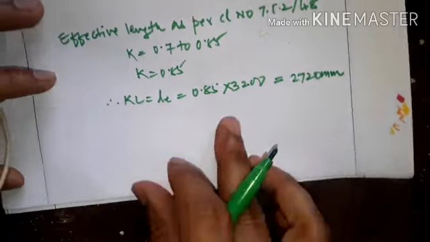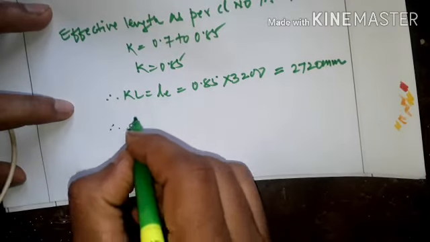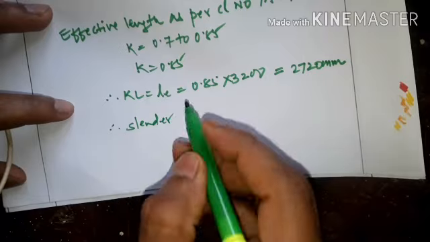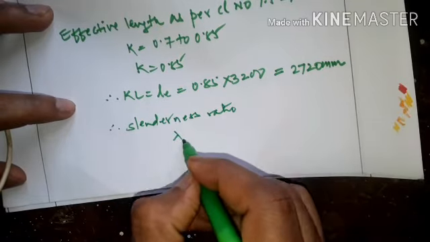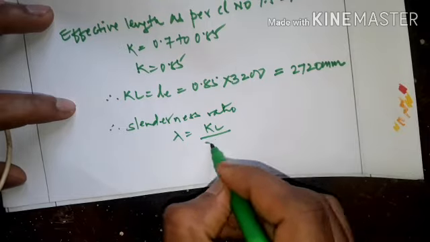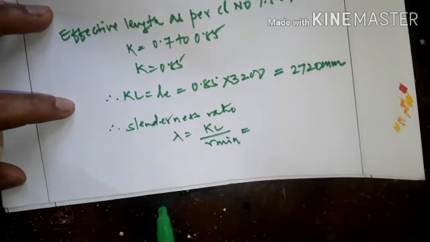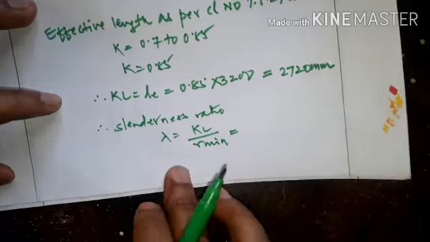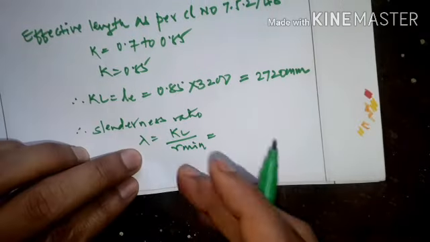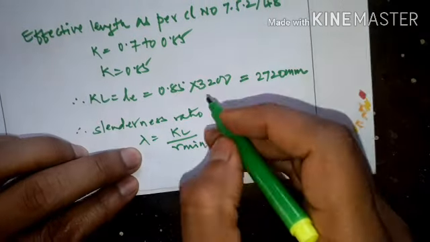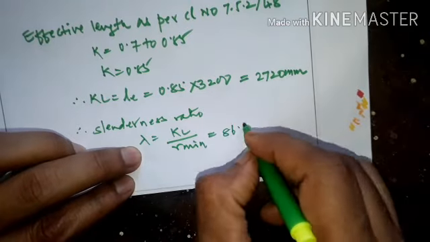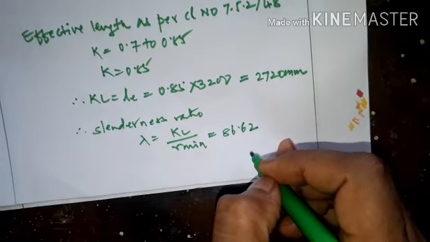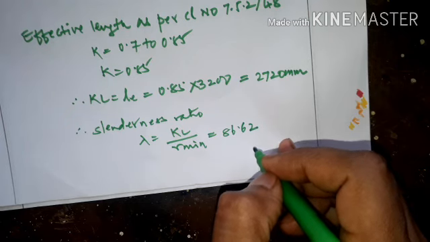Therefore the slenderness ratio lambda is equal to KL by R minimum, which is 86.62.